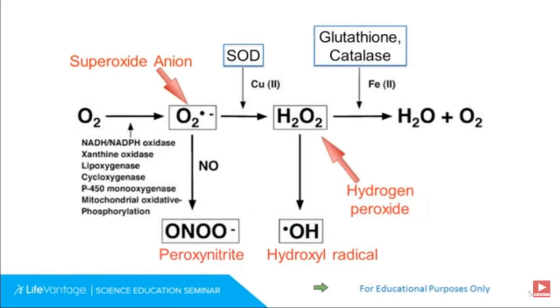So eating food causes free radicals to build up in your system, just everyday life. But if you're deficient in the SOD and the catalase and the glutathione, you're going to have problems as those free radicals cause damage to the cells.